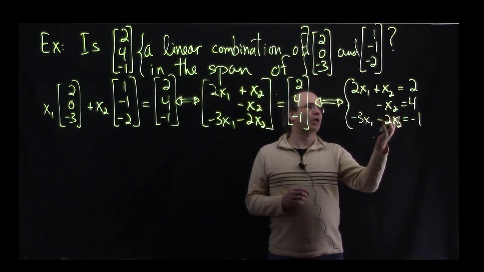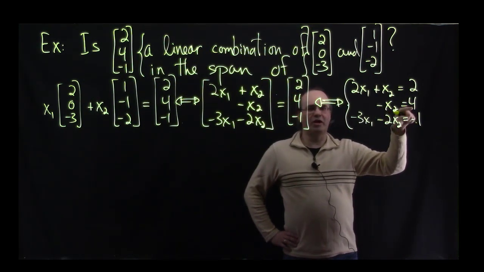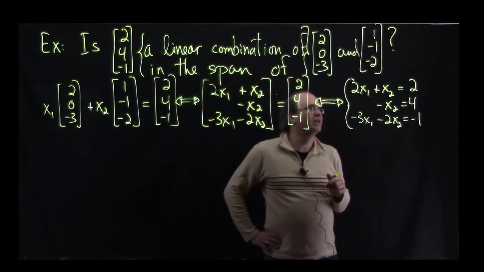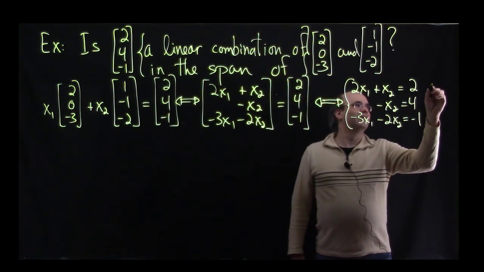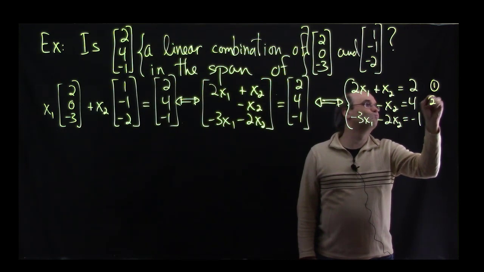Here, we might as well just stick with this system. x2 should be equal to -4, and then we'll just substitute into the first and last equations and see if I get a solution. In this case, this will be the fastest way to solve this system.